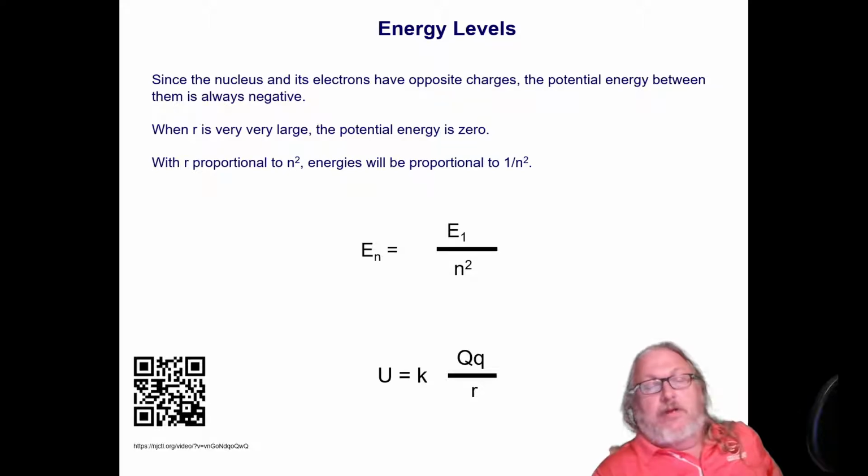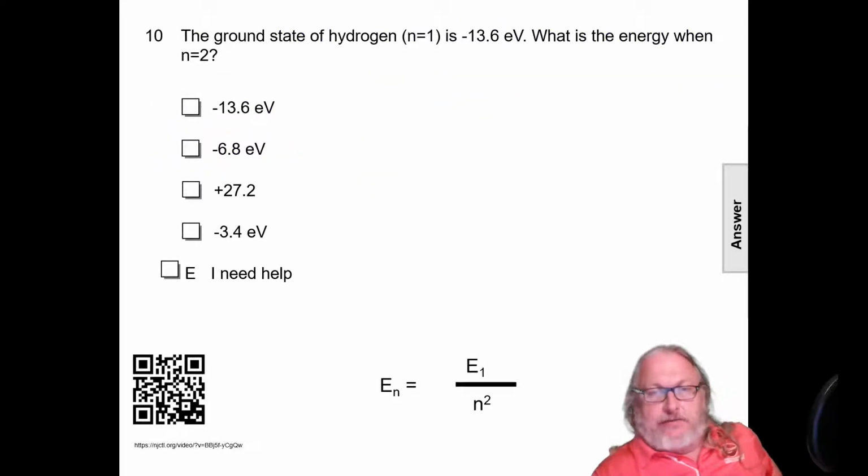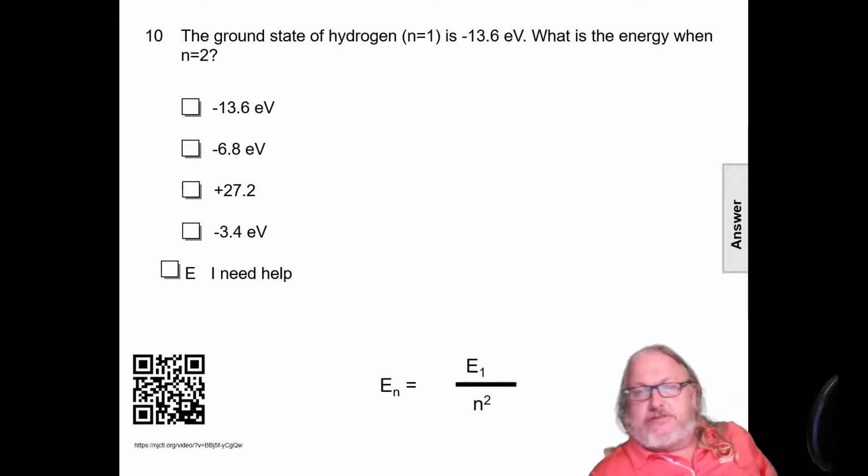Now R is proportional to n squared, so energies will be proportional to 1 over n squared, the reciprocal. So let's play. The ground state of hydrogen, n equals 1, is minus 13.6 electron volts.